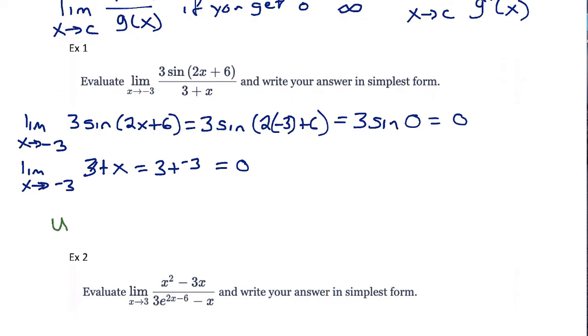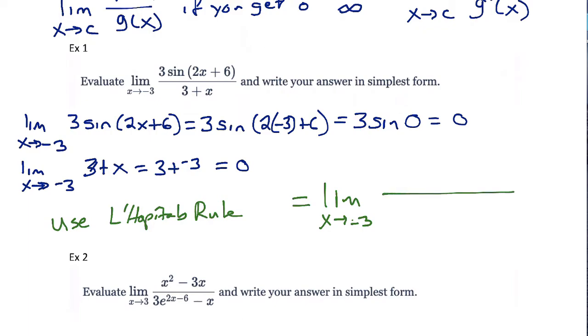So then we're going to use L'Hopital's rule. So our limit is equal to the limit as x goes towards -3. Now we have to differentiate the numerator.